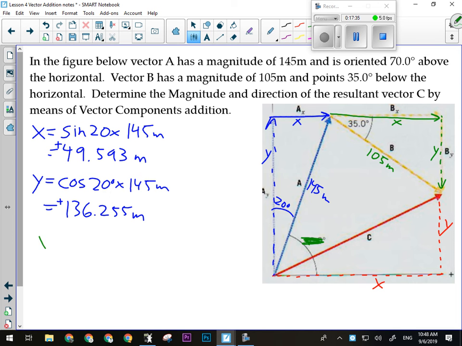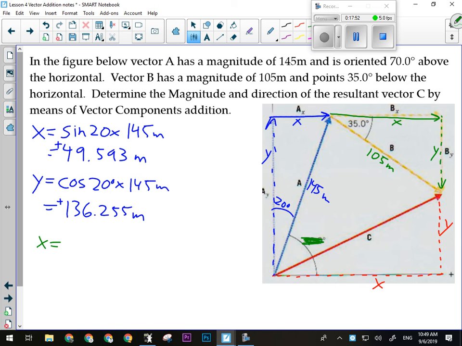Green x, is it adjacent or opposite the 35-degree angle? It's adjacent, so which trig function am I using? Cos, because I have the hypotenuse and I have this angle.